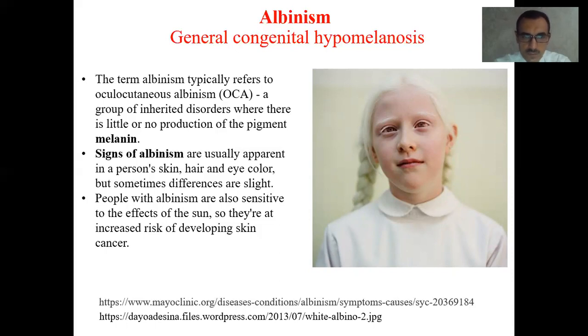Signs of albinism are usually apparent in a person's skin, hair, and eye color, but sometimes differences are slight. People with albinism are also sensitive to the effects of the sun, so they are at increased risk of developing skin cancer.